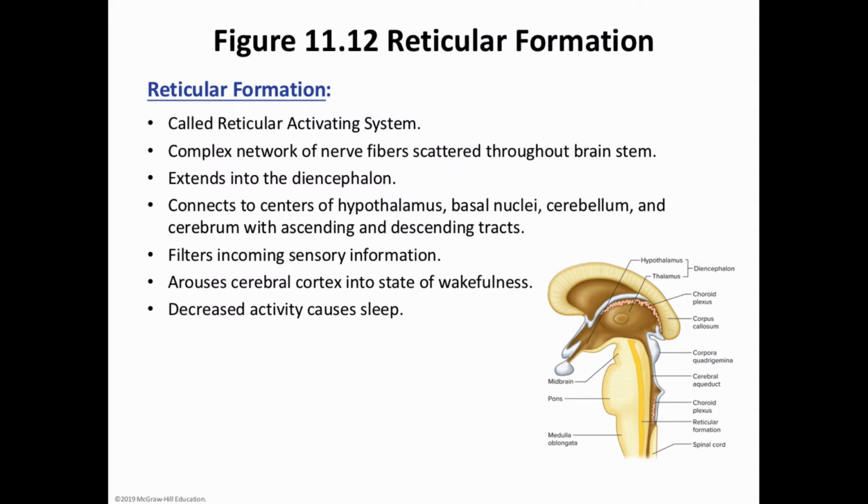REM sleep is called paradoxical sleep because some areas of the brain are active. As its name implies, the eyes can be seen rapidly moving beneath the eyelids. Cats and dogs in REM sleep sometimes twitch their limbs, and in humans, REM sleep usually lasts from 5 to 15 minutes. This dream sleep class is important.